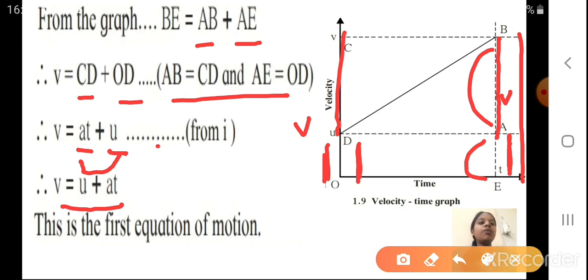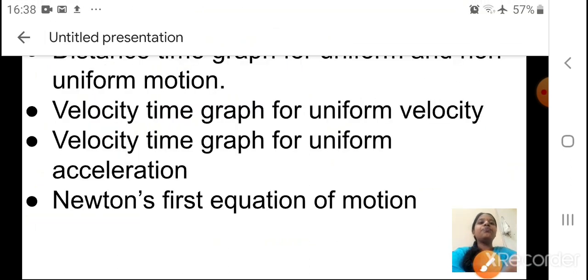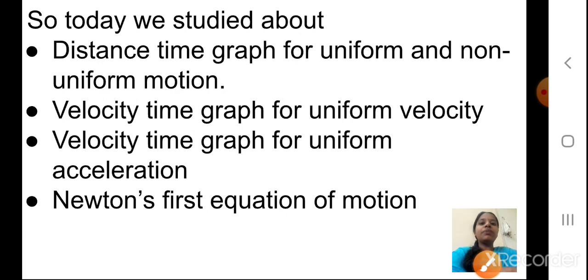So see here, now we have come to our presentation. Today we studied the distance-time graph for uniform and non-uniform motion. We saw the distance-time graph for uniform motion, a straight line graph, and for non-uniform motion, it can be of any shape. We saw the velocity-time graph for uniform velocity, then the velocity-time graph for uniform acceleration.